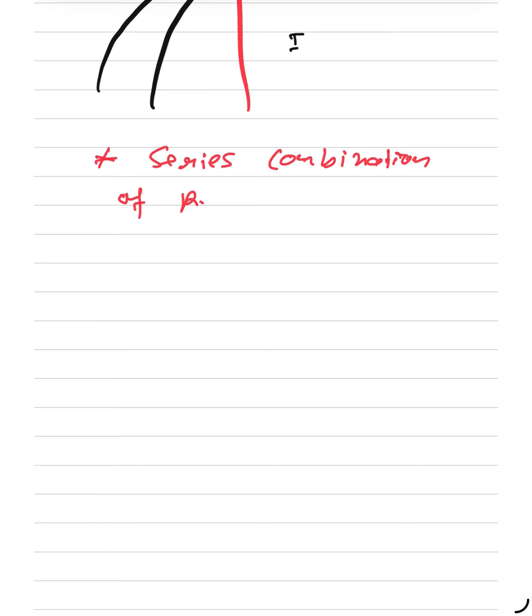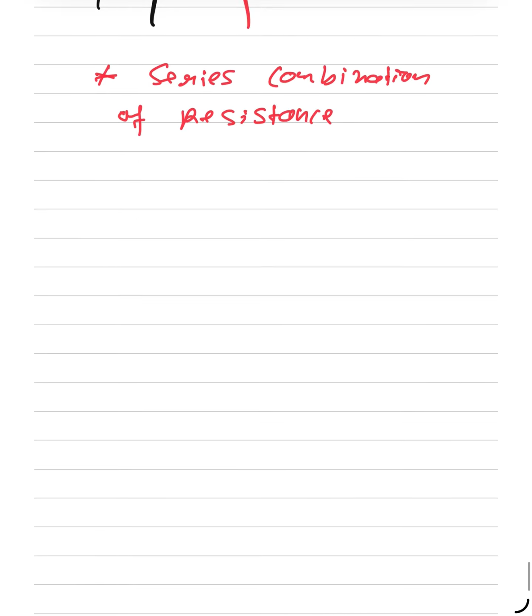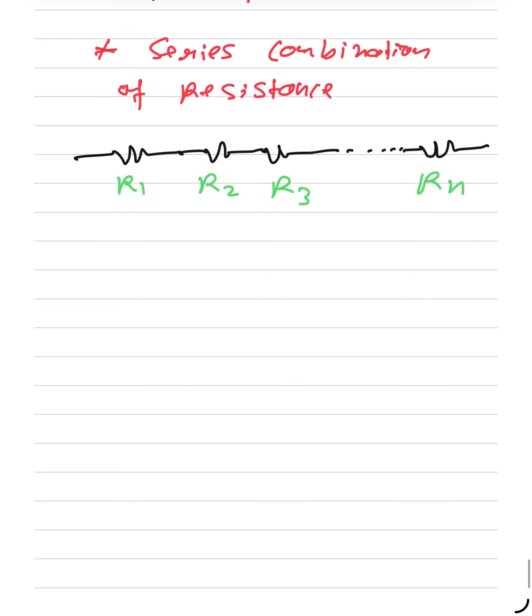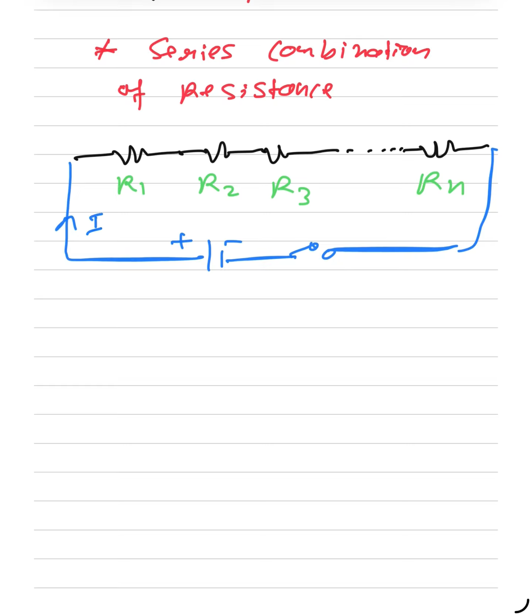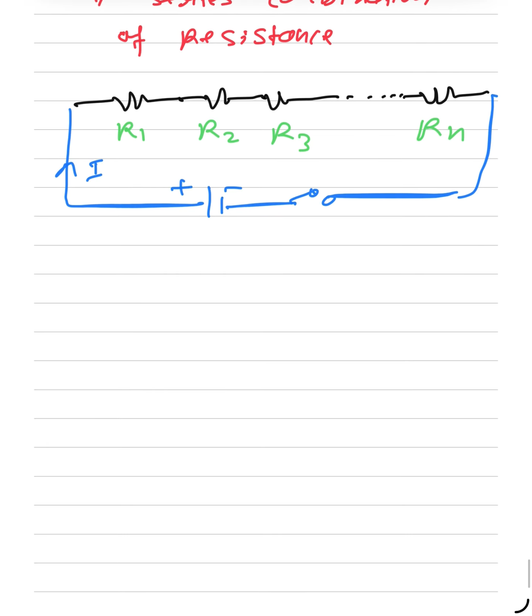In a series combination of resistance, suppose this is the first resistance, this is the second resistance, this is the third resistance, and similarly n resistances can be connected in a series combination: R1, R2, R3, and this is the nth resistance Rn. All resistances are connected in series to an external source like a battery, like this. And in this situation, the value of electric current across each resistance is the same, right?